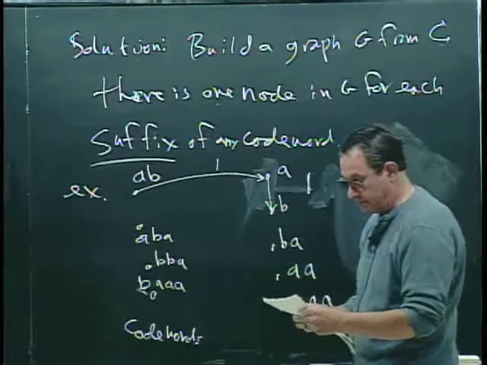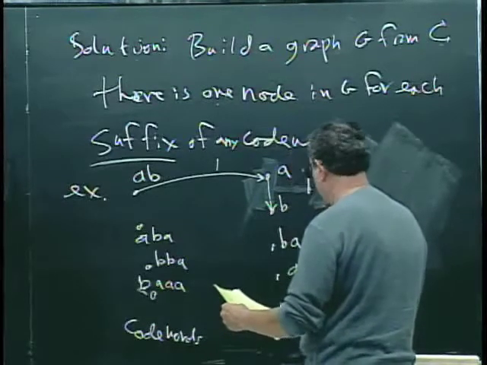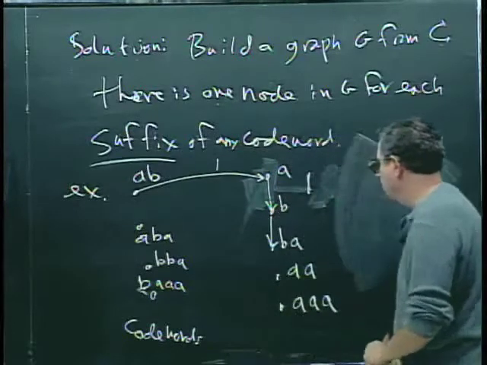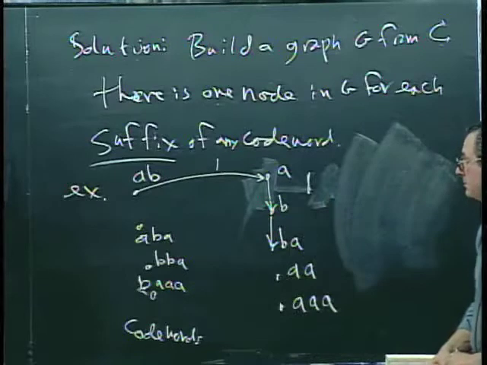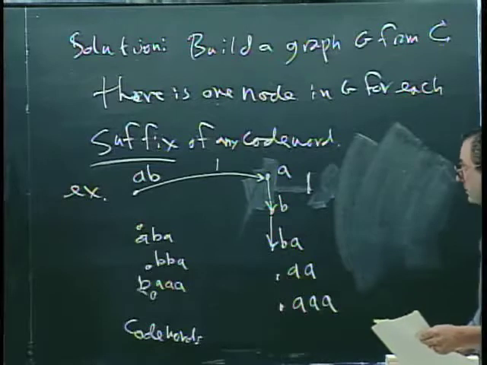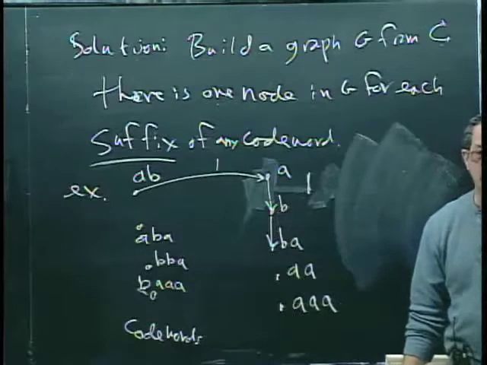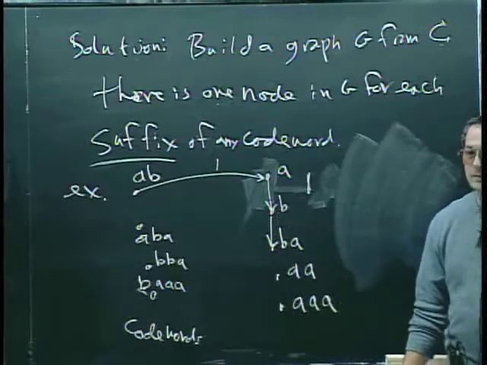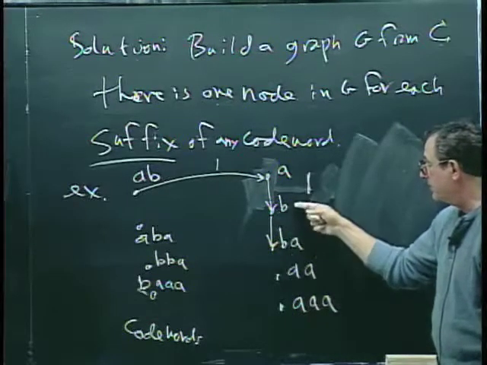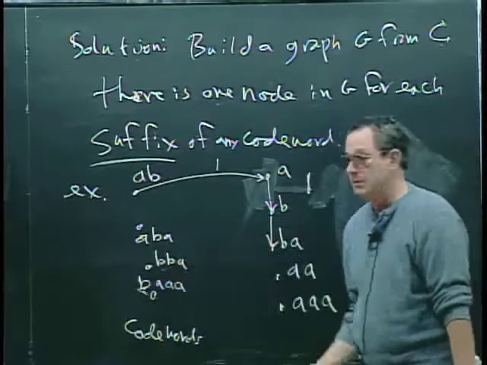And what about B to BA? Is this a type 1 edge? Yeah, because there should be a type 1 edge here if there's a code word which is B followed by BA. And there it is, BBA. Okay? So that's a type 1.